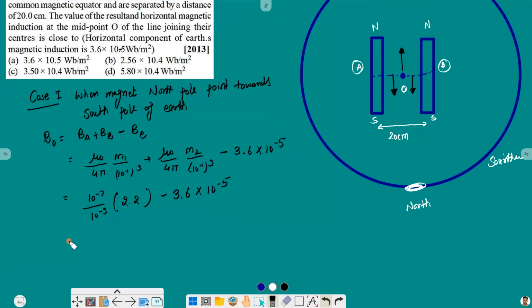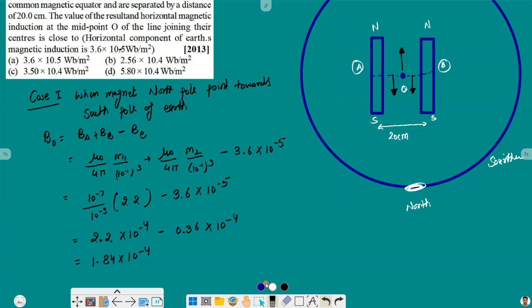So this will be 2.2 into 10 raised to power minus 4, and if we write this in terms of 10 raised to power minus 4, it will be 0.36 into 10 raised to power minus 4. So this will be something like 1.84 into 10 raised to power minus 4. And none of the options are matching here.